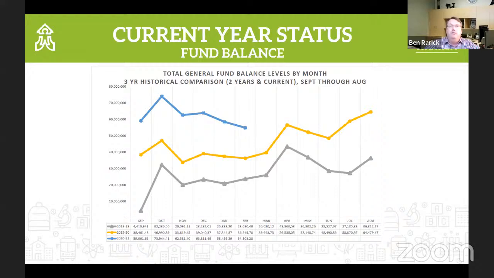And part of why you have a fund balance is so that you earn yourself a little flexibility to plan for the unknown. If this were 3 years ago and we were dancing on the head of a pin with, are we going to end the year positive or aren't we, we would not enjoy that same level of flexibility. But when we're starting the year with a fund balance in excess of $64 million, we are holding our own this year in terms of our expenses to revenues.